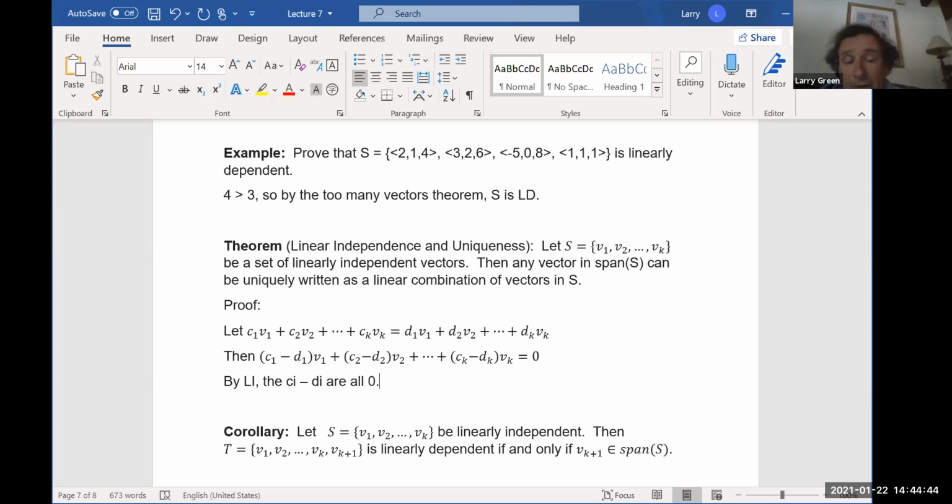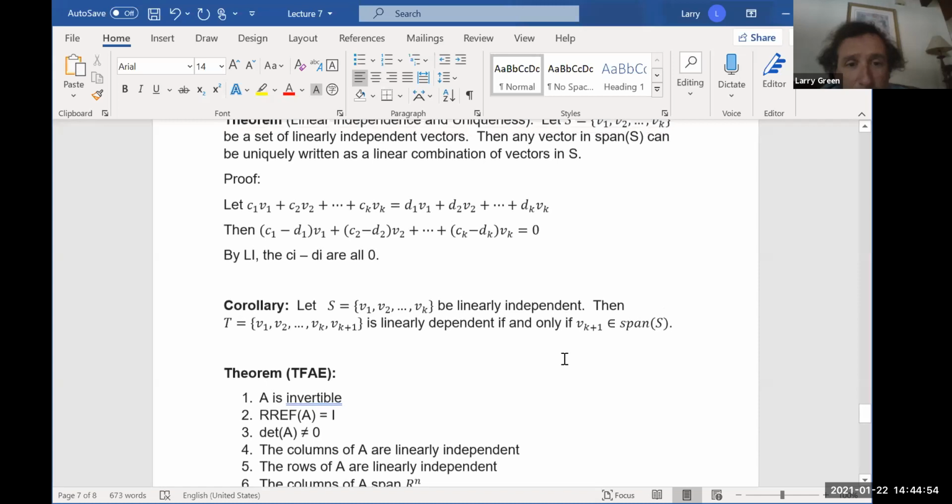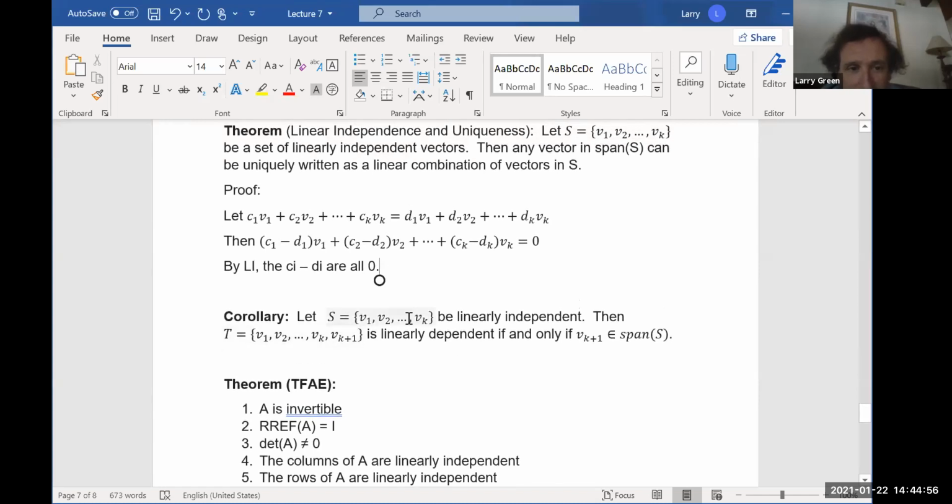And that's what we want. Therefore, we get uniqueness. So uniqueness means that you have the same way of writing it. You can't have two different ways of writing. And that's the proof.